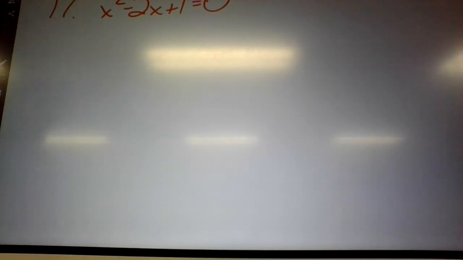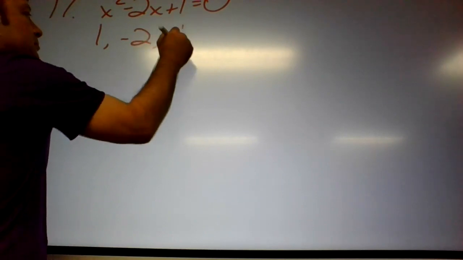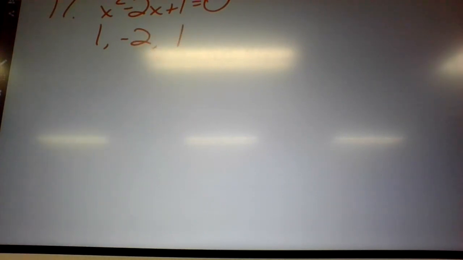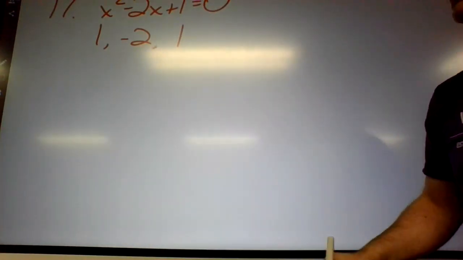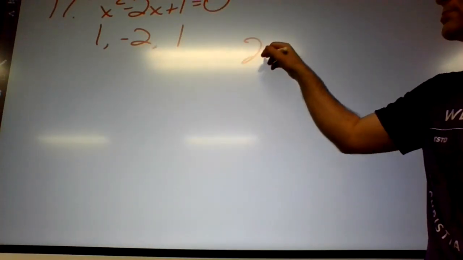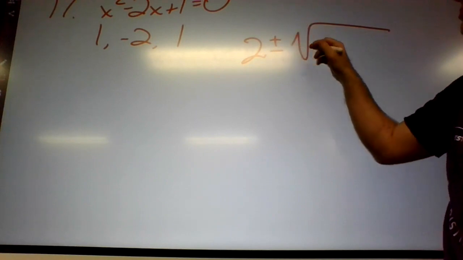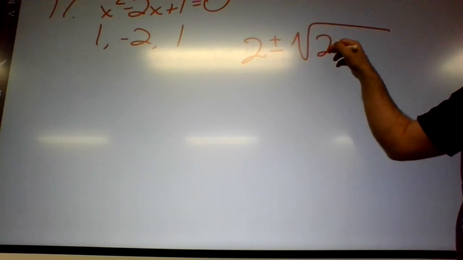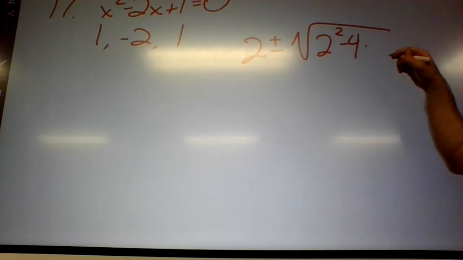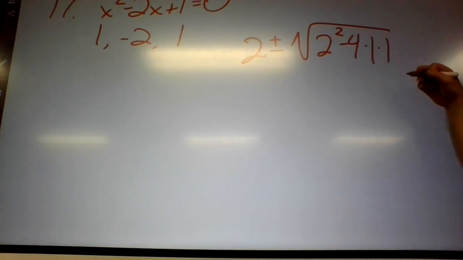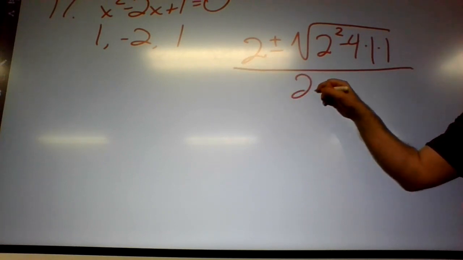Let's see. Brooke, what's my A, B, and C here? 1, -2. Okay, and if I plug those in the quadratic formula, what would that be? 2 plus or minus square root of 2 squared minus 4 times 1 times 1 over 2 times 1.